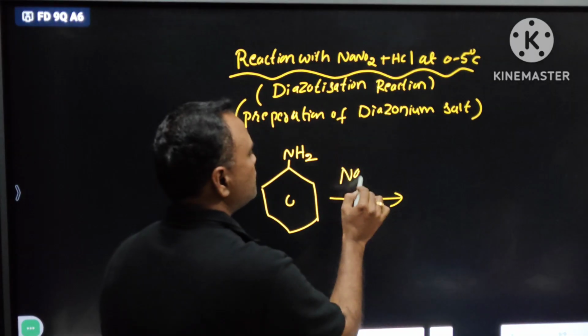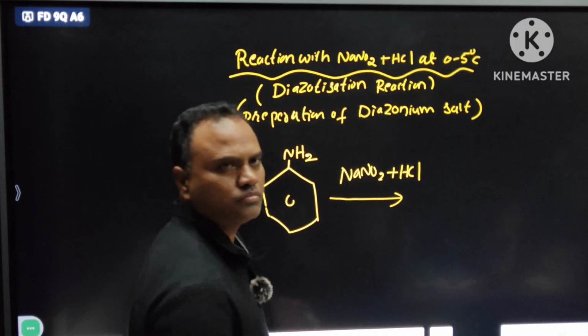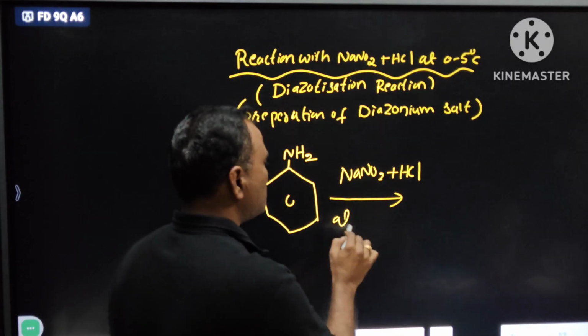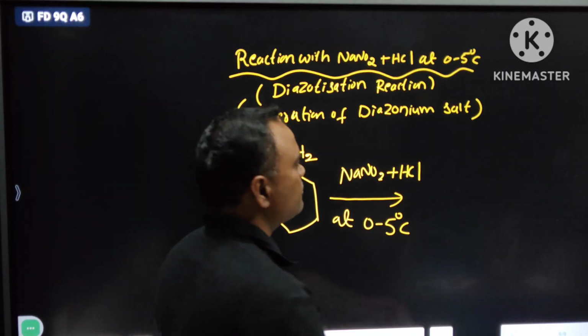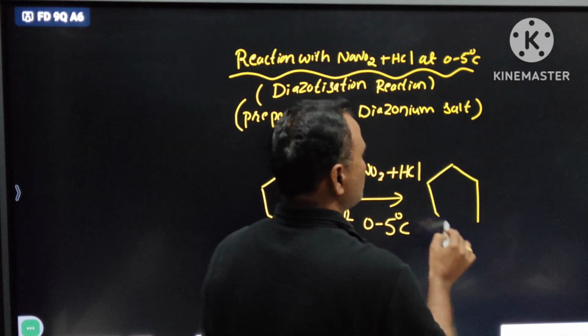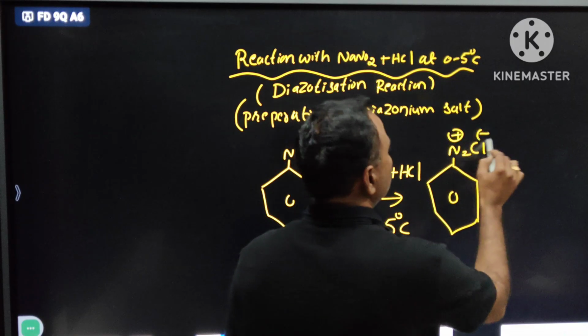Aniline, when treated with NaNO2 plus HCl, at 0 to 5 degrees centigrade, temperature conditions are very important, we will get benzene diazonium chloride.